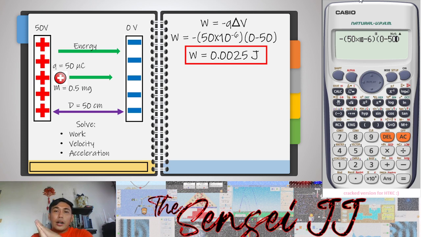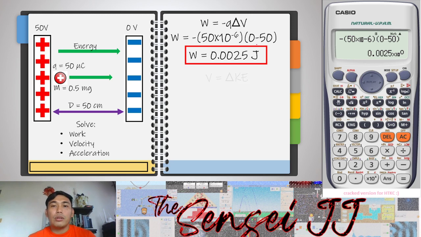That will be our delta V of BA, or our 0 minus 50. If that's the case, we will have an answer of 0.0025 joules. Okay, so I hope everyone gets this part. So nakuha natin ang ating work.